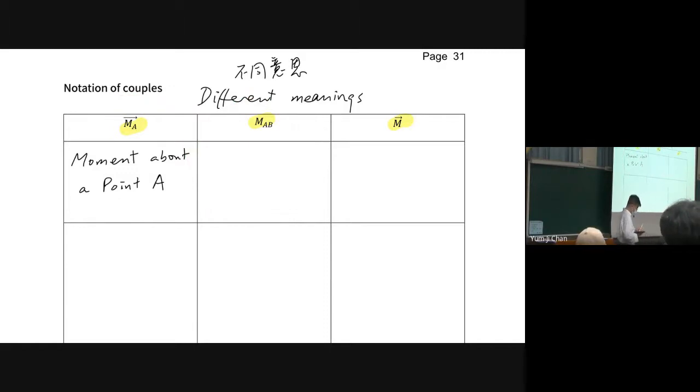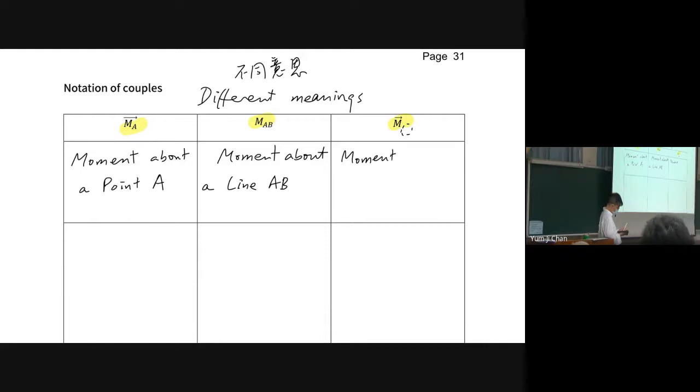Moment about a line AB. And M without any symbols is the moment of a couple. There are 2 forces, remember?